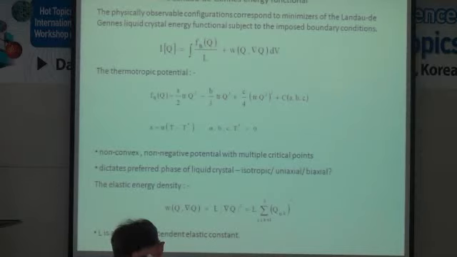The purpose of the elastic energy density is to penalize any spatial inhomogeneities in the system. And the L that you see here is a small material dependent elastic constant. The energy minimizers, or the stable equilibria, would be either global or local minimizers of this energy functional, subject to the imposed boundary conditions. And the trick is that they have to balance both of these components.